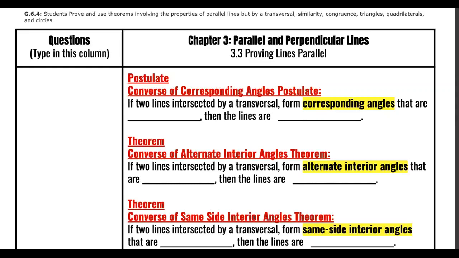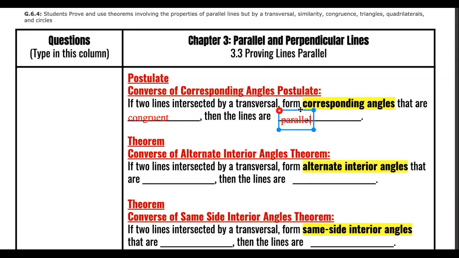The first one is a postulate, and it is the converse of the corresponding angles postulate. If two lines intersected by a transversal form corresponding angles that are, you got it, congruent, then the lines are parallel. So we're just going in the opposite order.